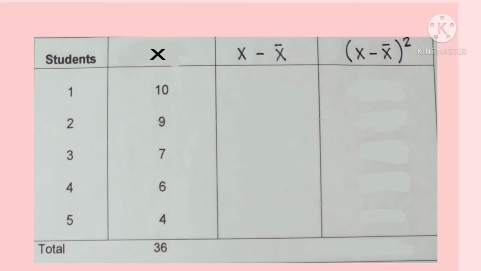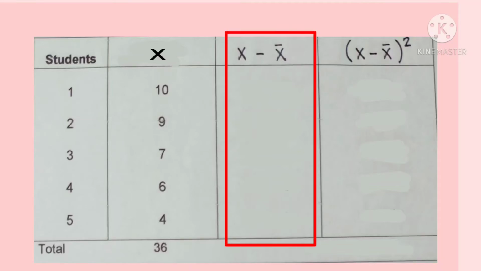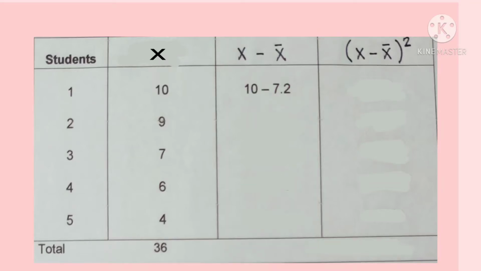Since we already have our mean, let's now work on column 3, which is x minus x bar, or score minus the mean. Our x here is the score, so we put the score on the left side and the mean, which is 7.2, on the right side.